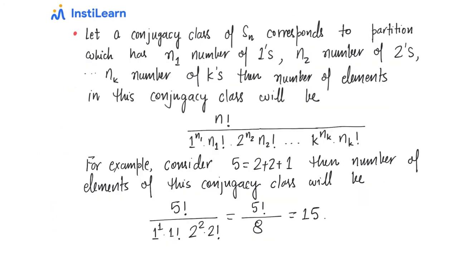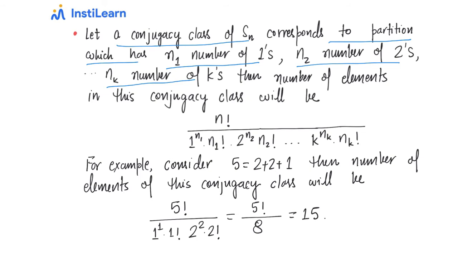So suppose you are looking at a conjugacy class of Sn, and we know that this conjugacy class can be uniquely associated with a partition of n, and suppose this particular partition has n1 ones, n2 twos, and nk k's. Of course k is less than or equal to n.